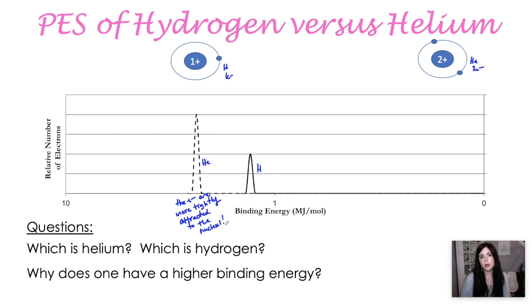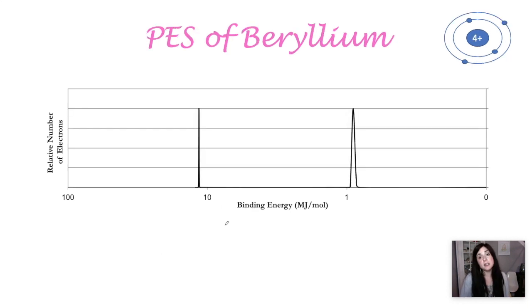We're going to work through a couple of examples here together just to get you familiar with elements that are a little bit larger than the first 4 on the periodic table. So here is a photoelectron spectrum for beryllium. Notice that the peaks are the same height, which means that they both have the same number of electrons. Your first peak, the one furthest to the left, will always have your 2 electrons.